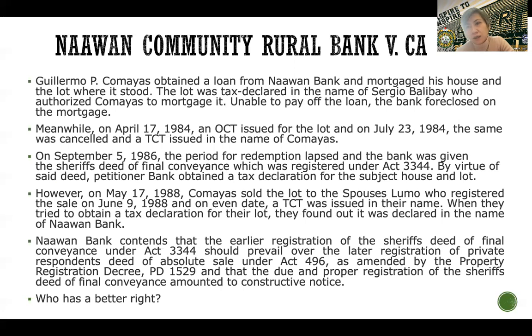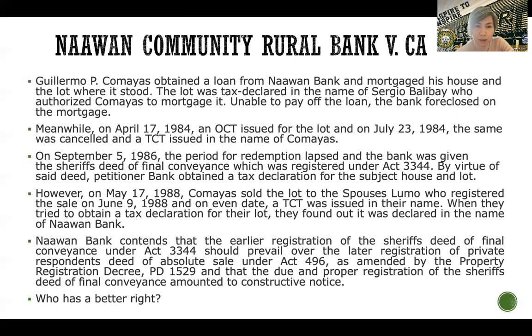Okay, and this deed of final conveyance was registered under Act 3344. Pinagtuo si Naawan Bank na unregistered pa siya. So by virtue of the deed of conveyance from the sheriff, the bank was able to obtain a tax declaration in its name for the house and lot.